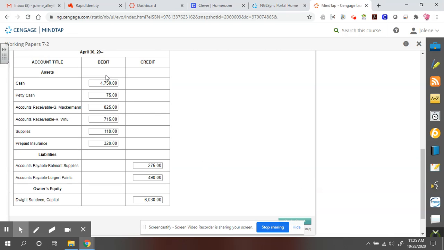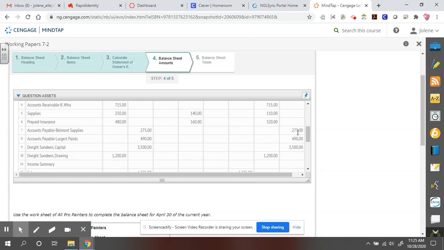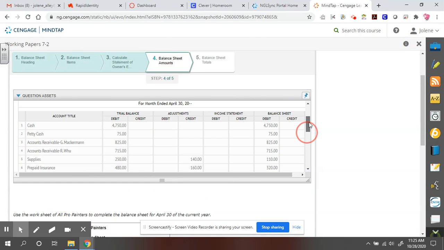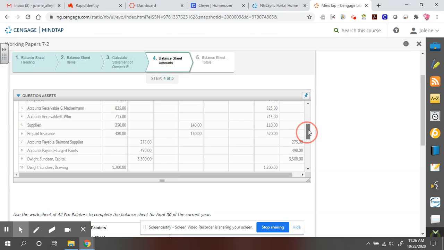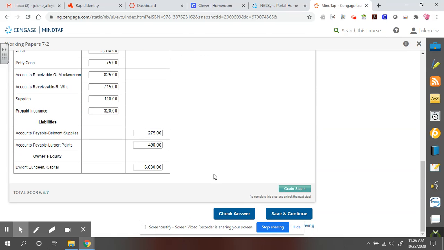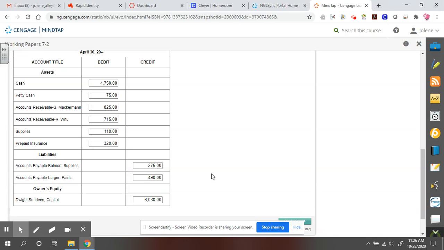So all the assets and the liabilities I got straight off of the worksheet from the balance sheet columns. The capital amount I got from the owner's equity worksheet. But you could figure it out. You see that these both have to equal.